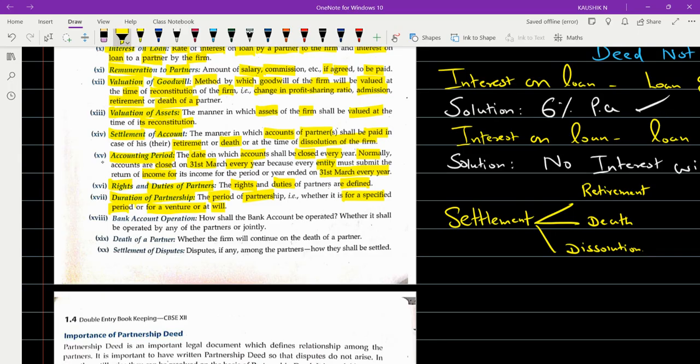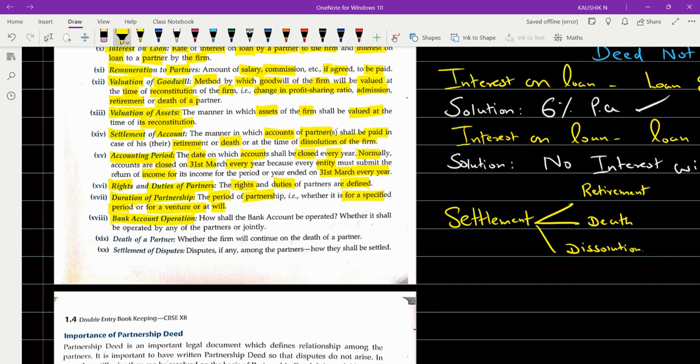The next one is about the bank accounts operation. For the business, you need a bank account. You will open a bank account with the respective bank. Once the bank account is opened, you'll also avail a locker facility, and some other facilities offered by the bank which suit your business.